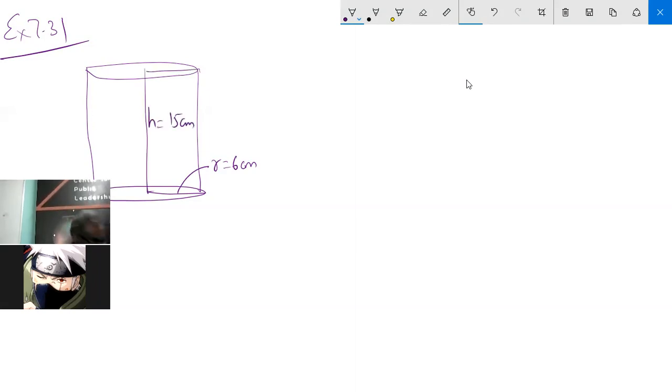It's full of ice cream. So volume 1 is pi r squared h, that is equal to pi into 6 into 6 into 15.